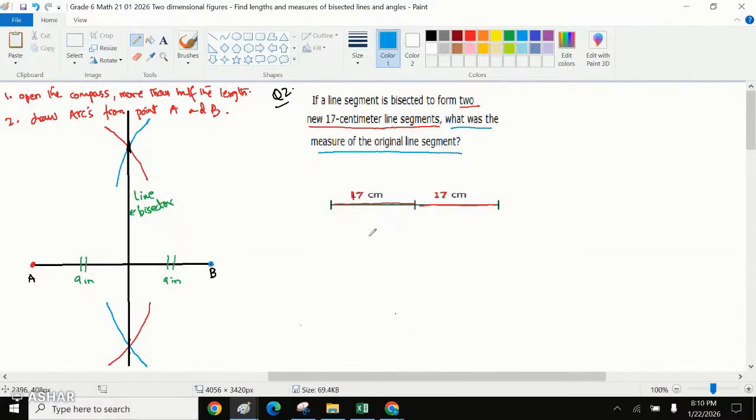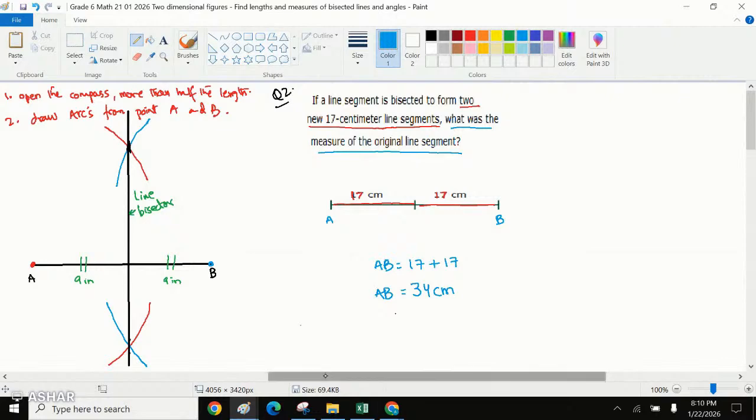That means the original line, the line from A to B, would be 17 plus 17, that would be 34 centimeters, right? We are adding them together, 17 plus 17.